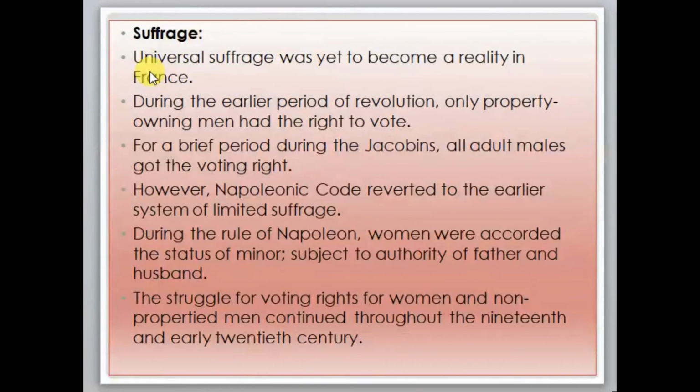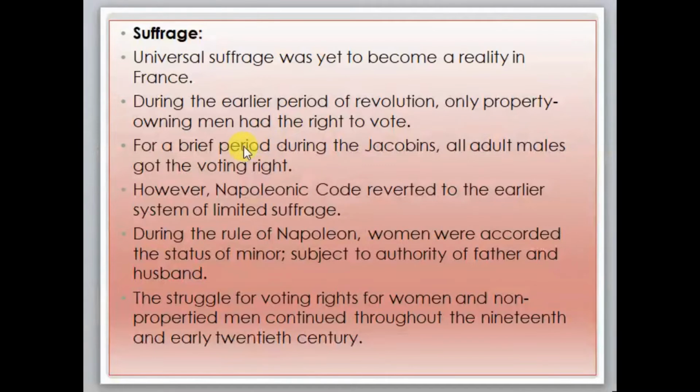Yet, universal suffrage was a dream in France. During the earlier period of revolution, only property owning men had the right to vote. It means in revolutionary France, the right to vote and to get elected was granted exclusively to property owning men.